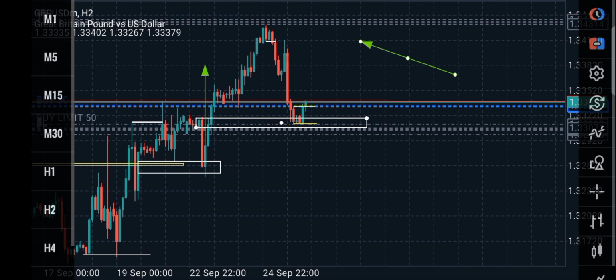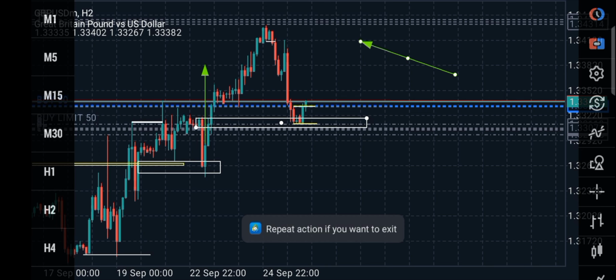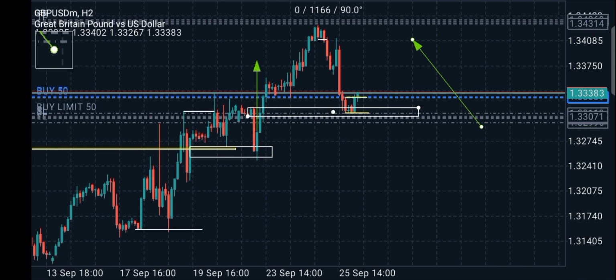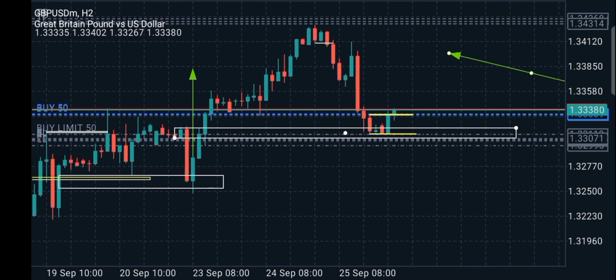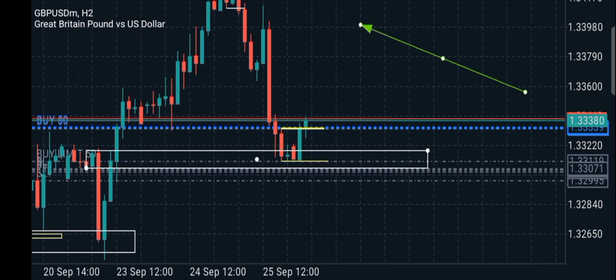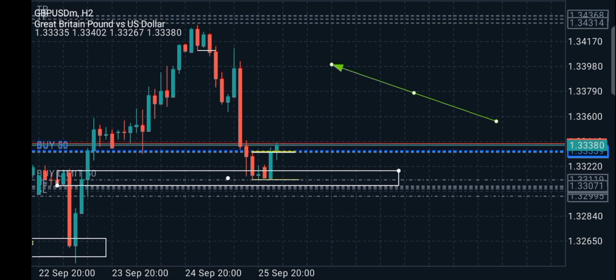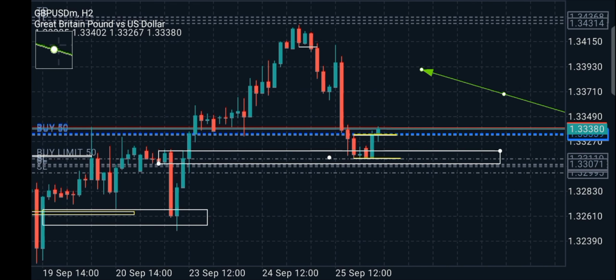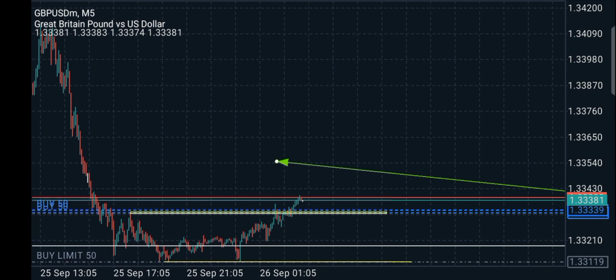I will come back with more videos on the remaining part of this trade. So first of all, I identified my point of entry, which was on the 2 hours. Then I went back to 5 minutes to get a change of character, which I got here.